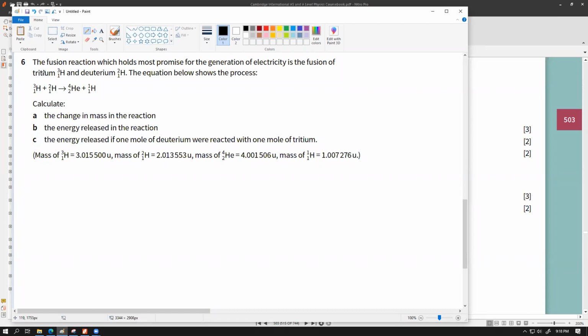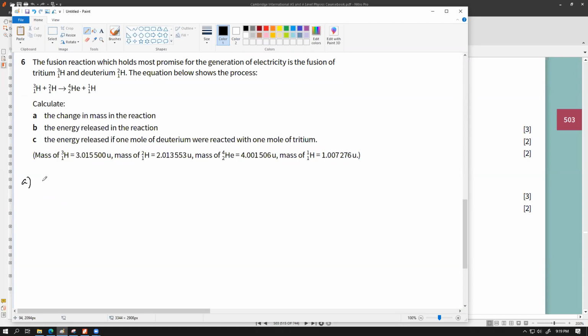So let's calculate the total mass of the reactants. Let's say this is the solution for A. So total mass of reactants equals 3 point... If I write it once it would work, rather than writing this way, let me write it at once, to reduce work.